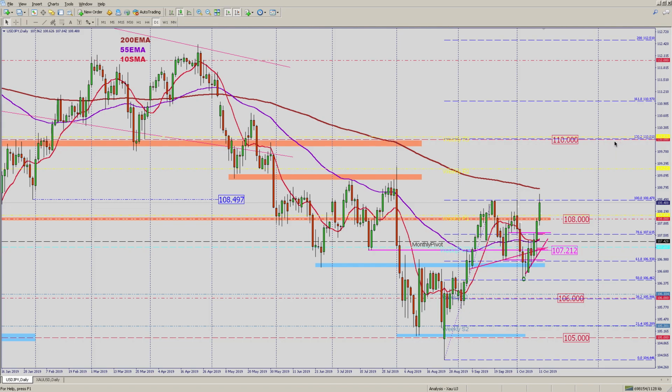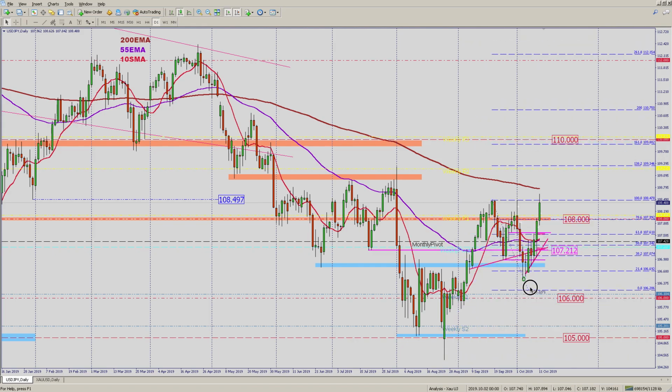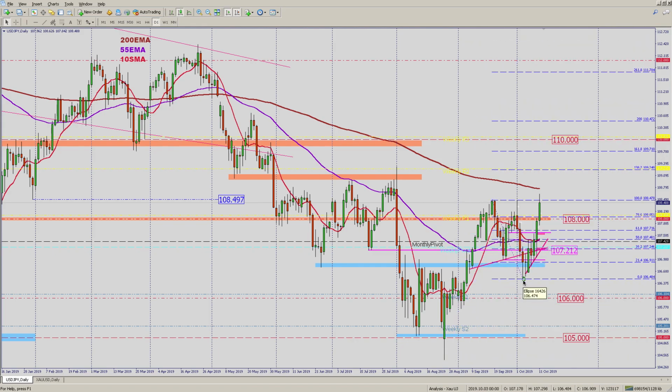If we take a reversal Fibonacci setup, then the 138 fib extension level is right near the weekly R2 pivot level, and from tomorrow we'll see also what the new weekly pivots are.